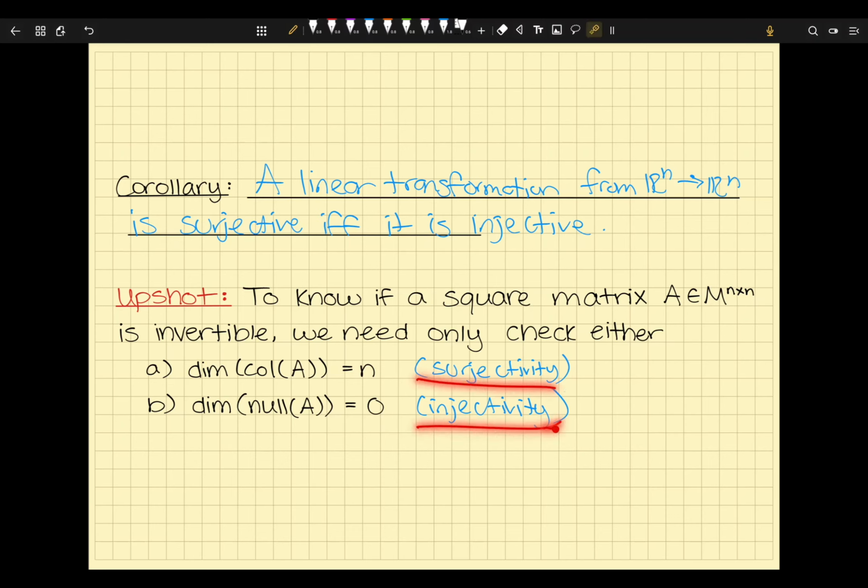But what we've seen by the rank nullity theorem, there's something special about linear transformations where you actually only need to check one of them. Because if you know one of them is true, then the other is true. And if you know one of them is false, then the other is false. So we've halved the amount of effort that we need to put in to know if a linear transformation is invertible.